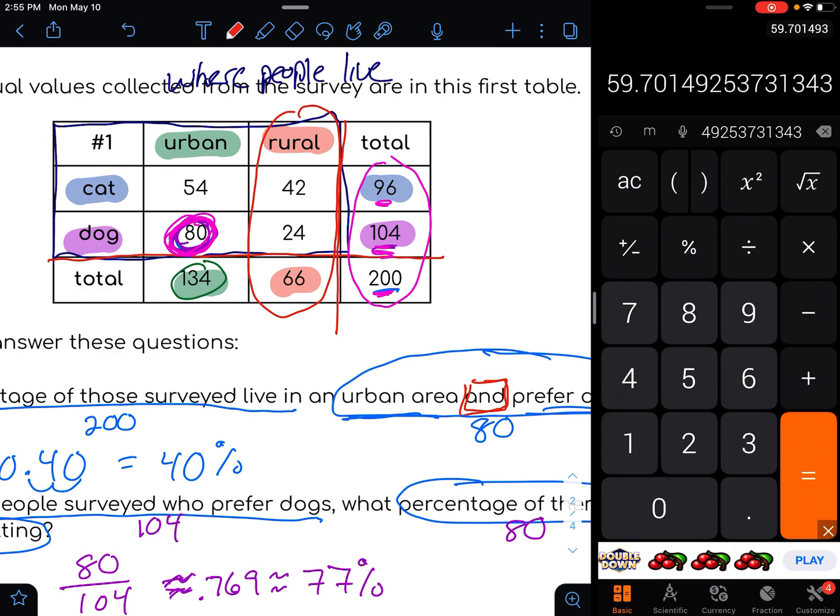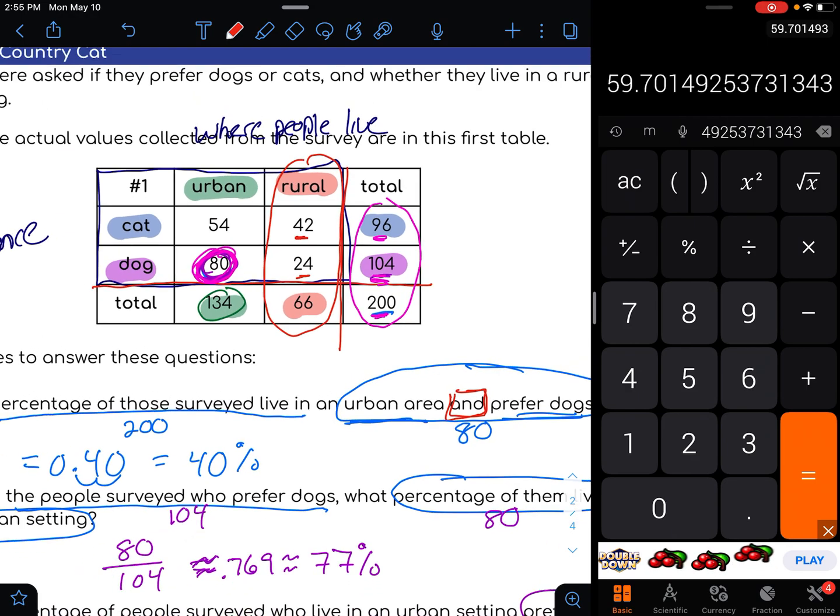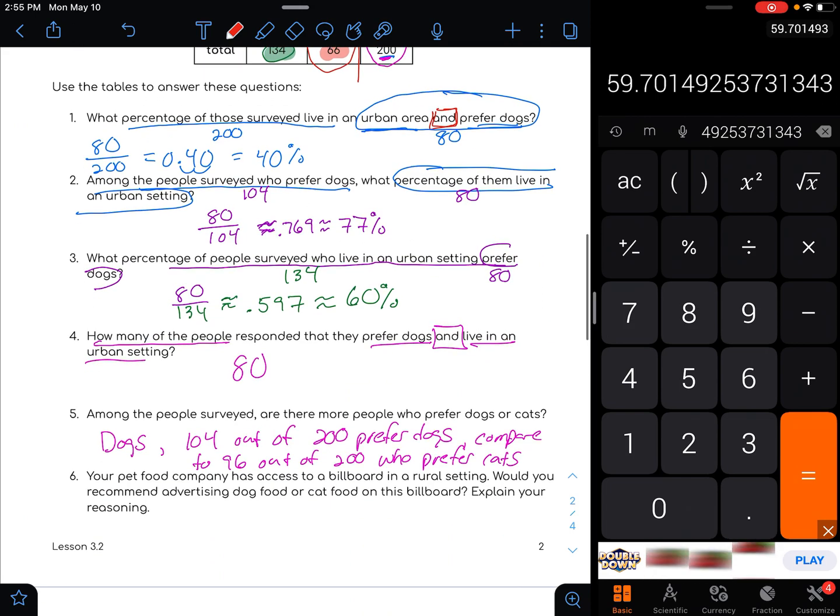cats or for dogs? Well, looking at the rural total, that 66 people, there is quite a number more of cat people compared to dog people. So in this case, we probably want to go with cat food.